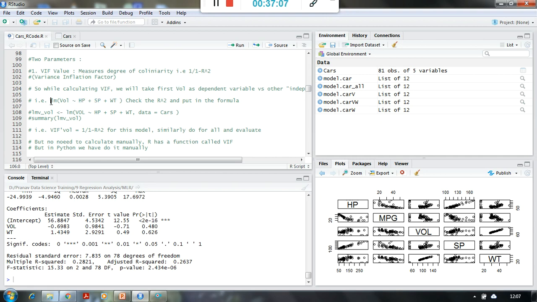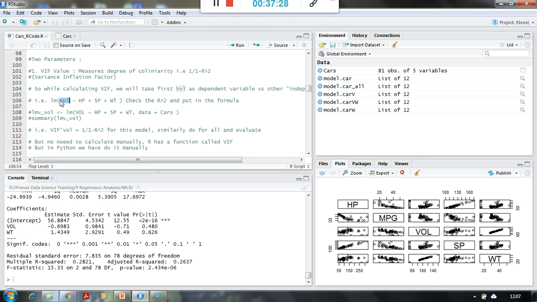Once I write the model, from the summary I am going to get the R square for that particular model. Now that R square I am going to replace in this formula, and the result of this calculation is going to be the VIF value for the output variable volume.